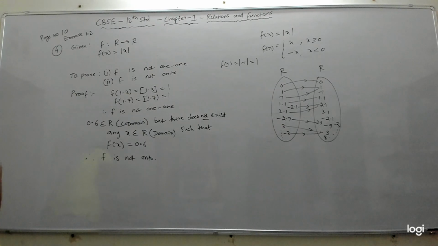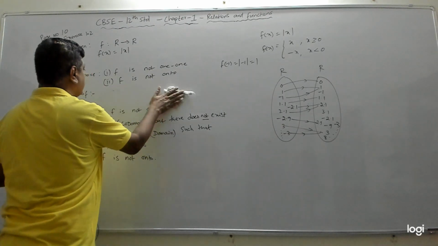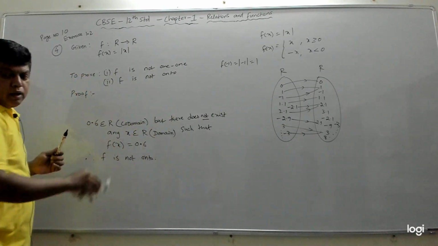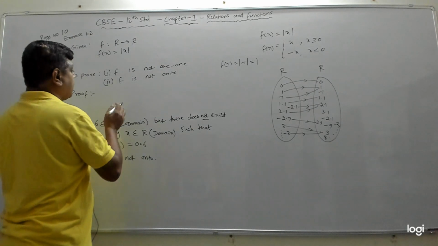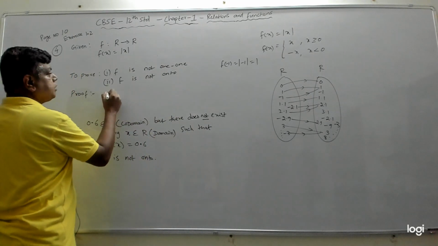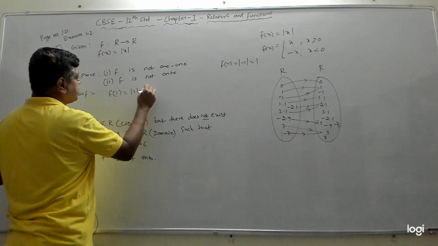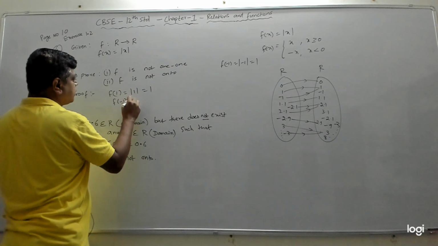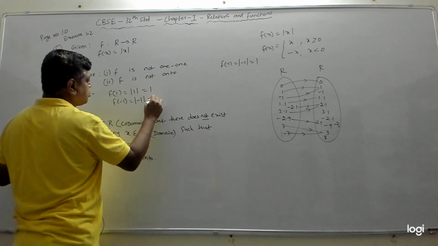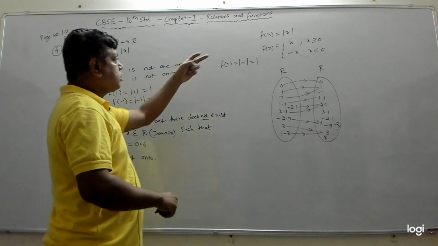So we will have to take one example and say that two elements in the domain have the same image. We say f of 1 is modulus of 1, which is 1. f of minus 1 is modulus of minus 1, which is also 1. We can use either this function or this function.